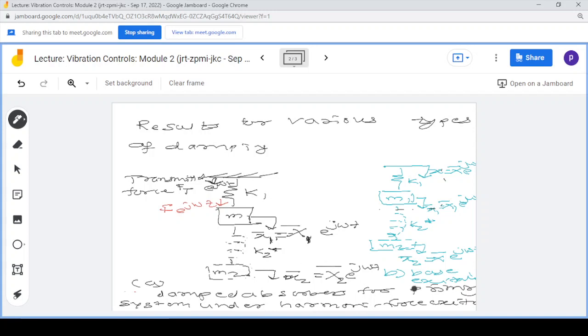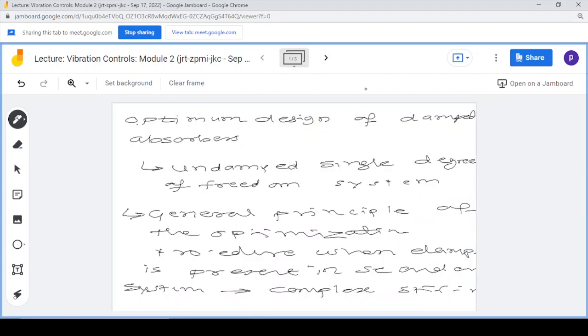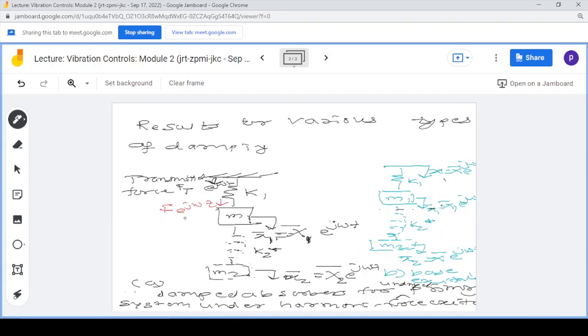So we can write it down here as undamped. So a damped absorber for undamped primary system under harmonic force excitation is this, and base excitation is this. Okay, now in both the cases the solid lines can be seen for this part of the figure.